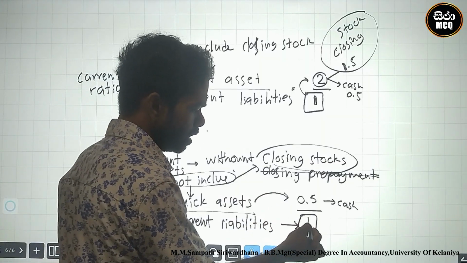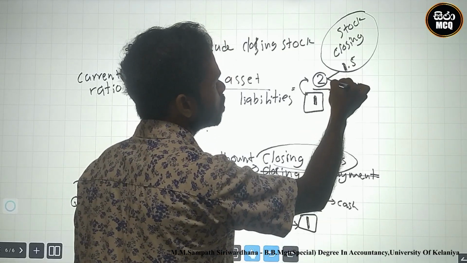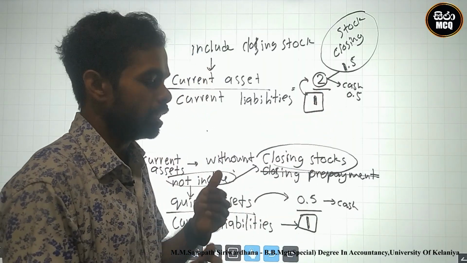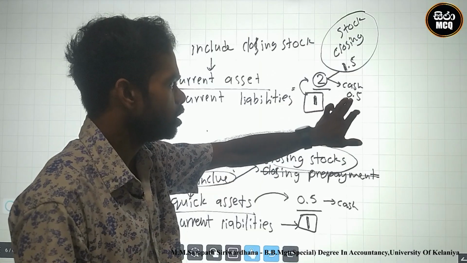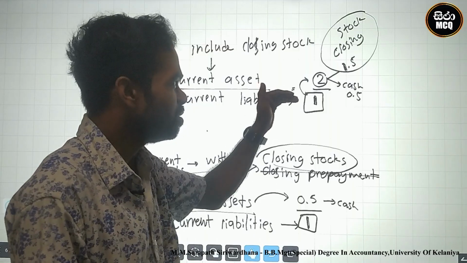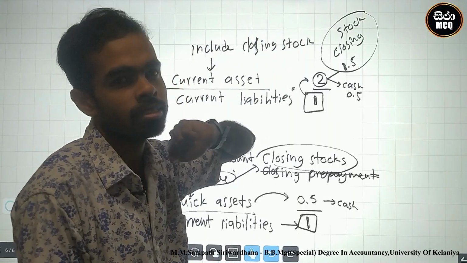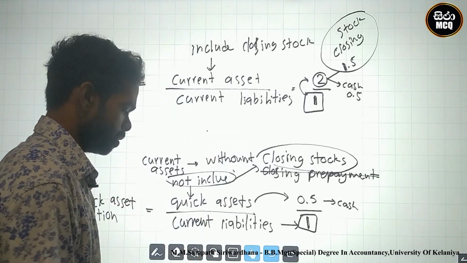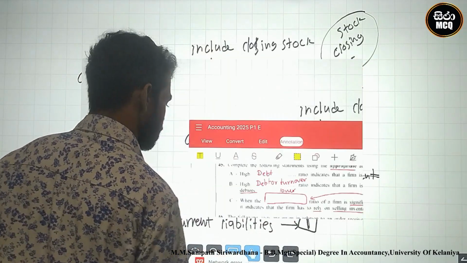Therefore, to pay the 1 rupee current liability, we must use inventory. We must sell our inventory immediately, because the current cash of 0.5 is not enough. Therefore, we must use the closing stock to pay current liabilities. This is the meaning of that. We can find the answer based on that.